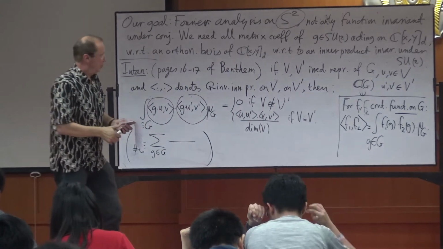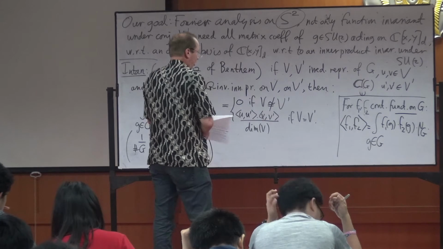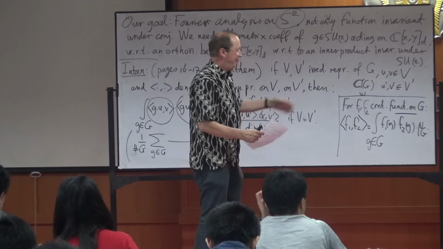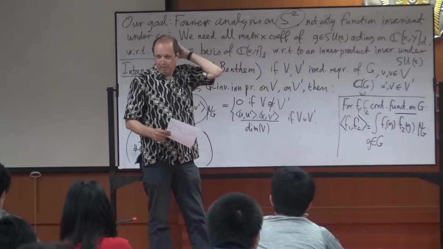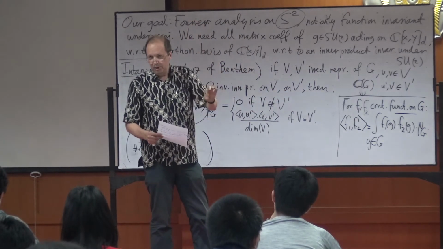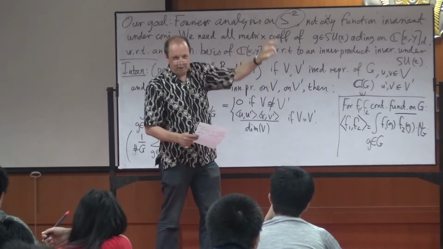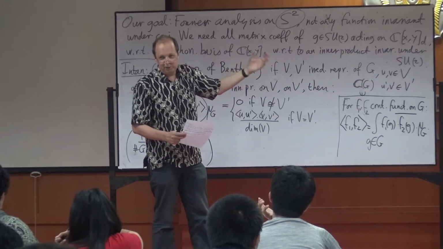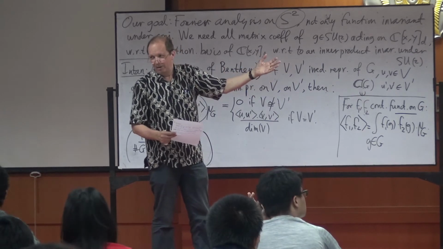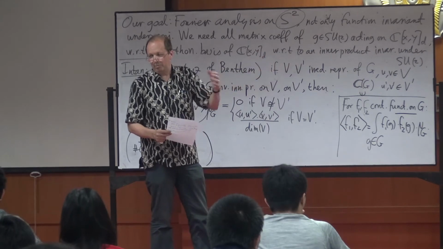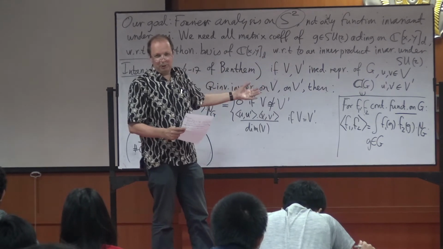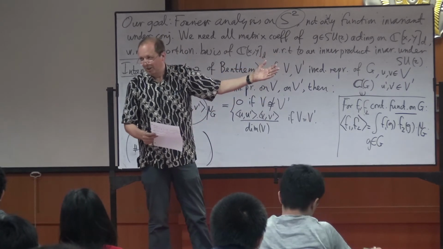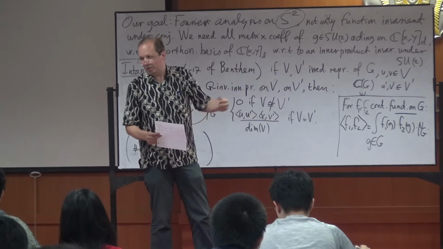Actually, I think it was on the board a moment ago. If I write elements of SU2 as these matrices A, B, minus B bar, A bar, then we can view SU2 actually as the sphere in R to the 4. So if my ambition had been to do Fourier analysis on the three-sphere, I would be much closer to my goal. But no, my goal was to do S2.